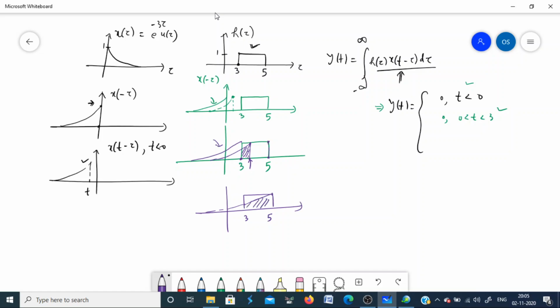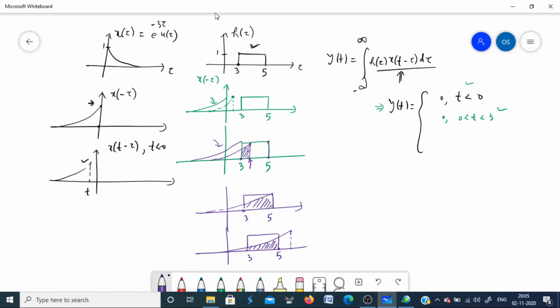At that time this is the overlapping region from 3 to 5, and for any time beyond this, if you further shift this pulse, it will go ahead of 5, but the overlapping region will remain constant between 3 and 5.